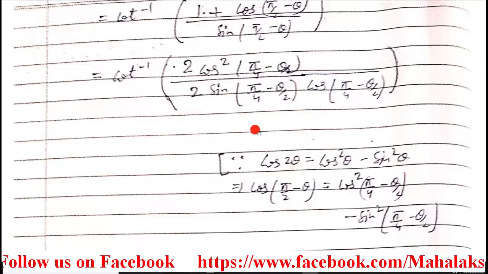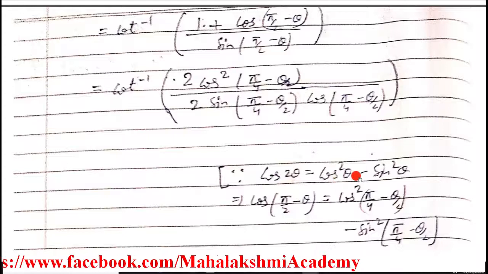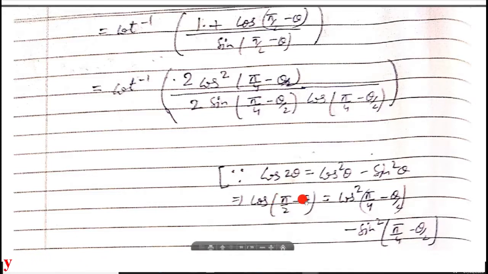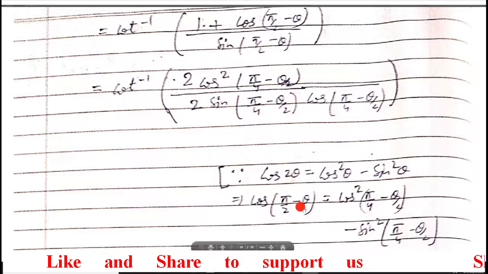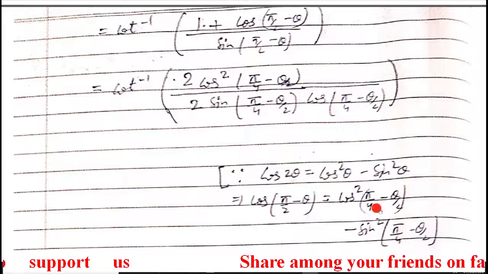Now I explained here properly, because student, the cos 2 theta formula is cos square theta minus sin square theta. That's why instead of 2 theta, if pi upon 2 minus theta comes, what is going to be, because when 2 theta is there, half of 2 theta is theta. So when you do half of it, it is going to be pi upon 4 minus theta upon 2.